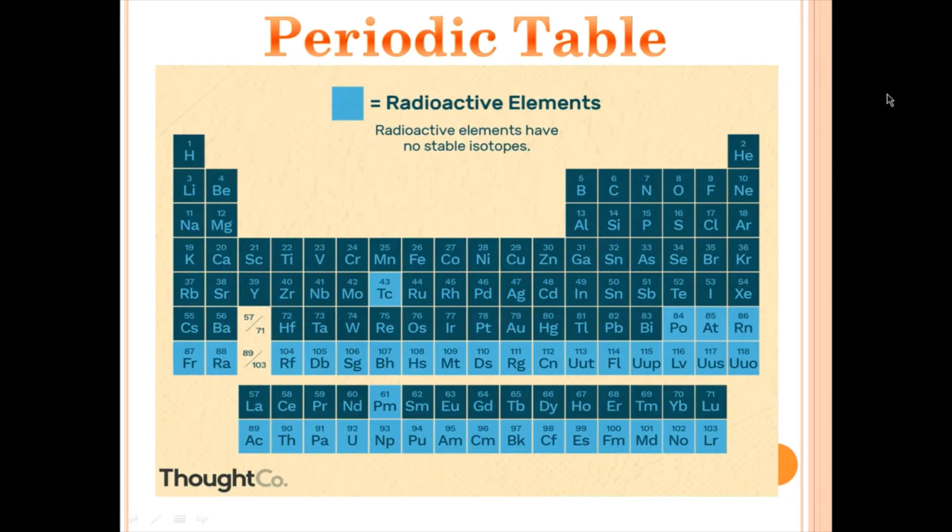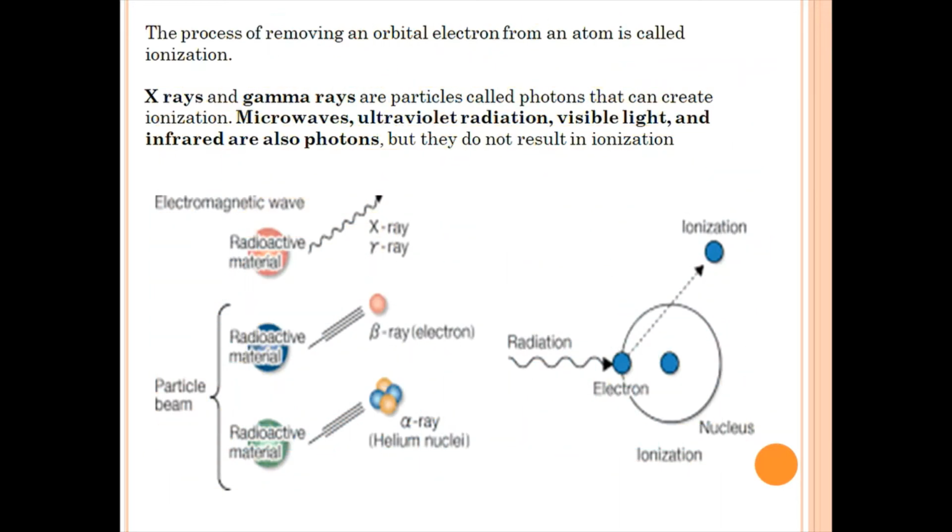As you can see here in this periodic table, the light blue elements shown down below are called radioactive elements. These radioactive elements have no stable isotopes. The process of removing an orbital electron from an atom is called ionization.